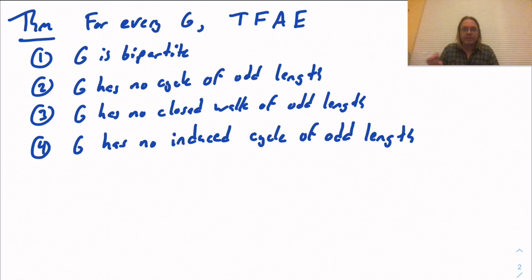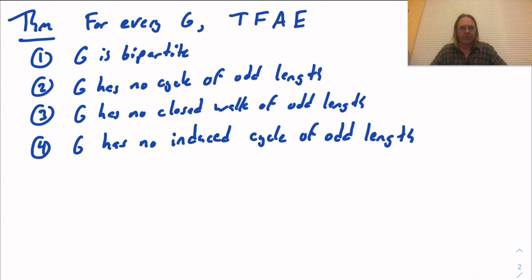If I give you a cycle, that gives you a closed walk that has only the first and last vertex repeated. So I think of the induced cycle as a really special object. A cycle is less special, and just a closed walk is even less special. It's an even more flexible object.